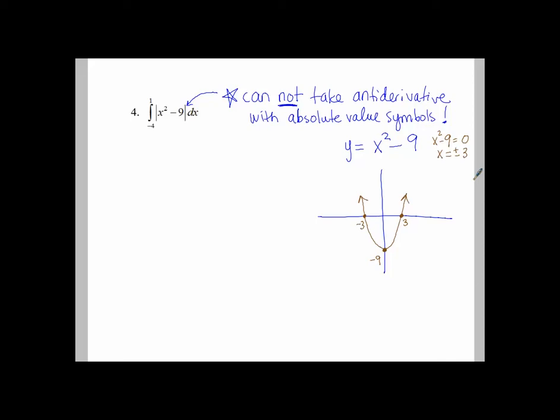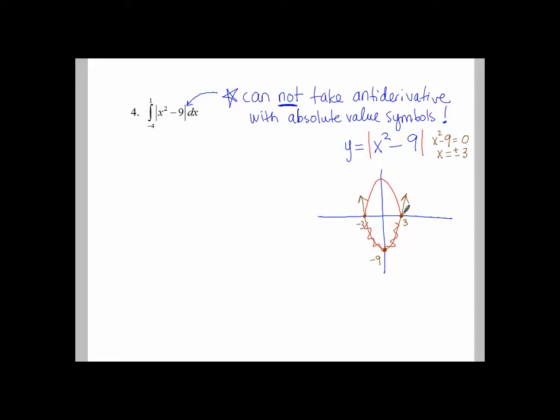Now, if I add the absolute value symbols in there, what that means is we're going to make anything that's negative or below the x-axis turn positive or go above the x-axis. So it would look like this.